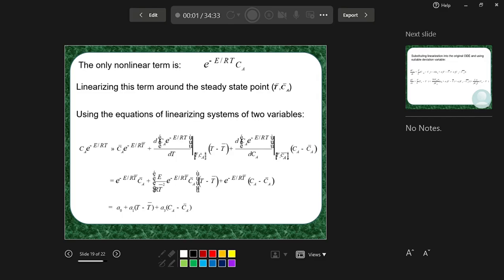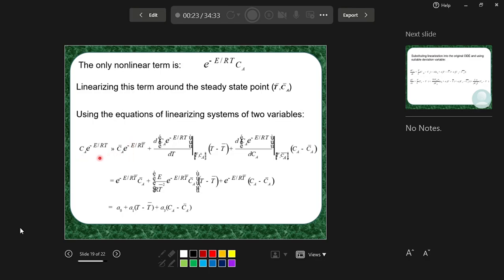So considering this nonlinear term and linearizing around the T bar and Ca bar, which are the steady state values of the variables, we have two variables here, so we use the multivariable form of the Taylor series approximation.